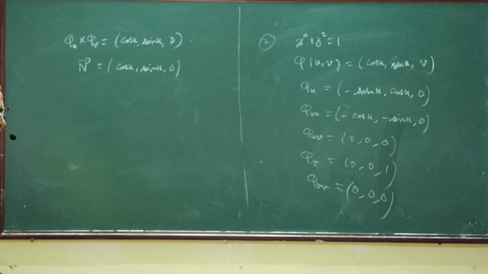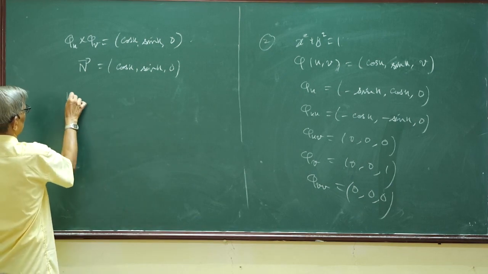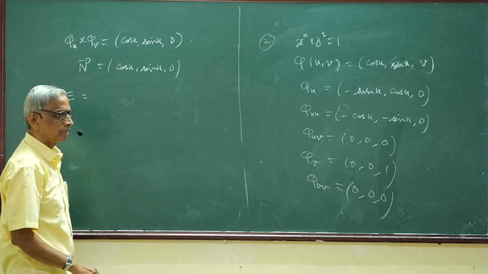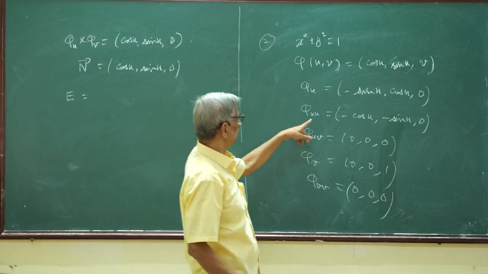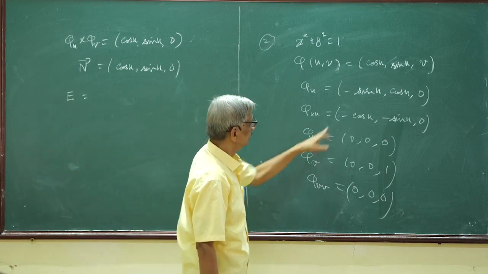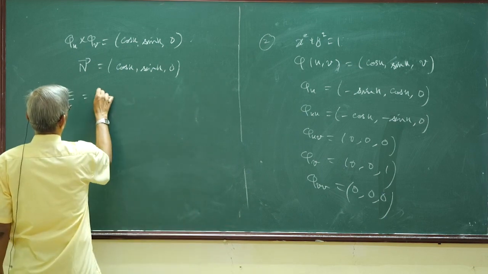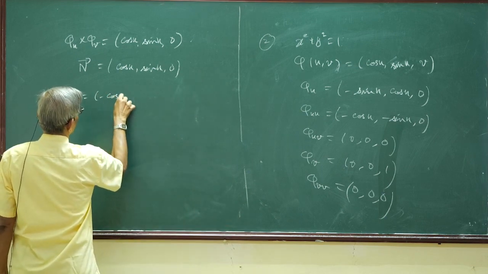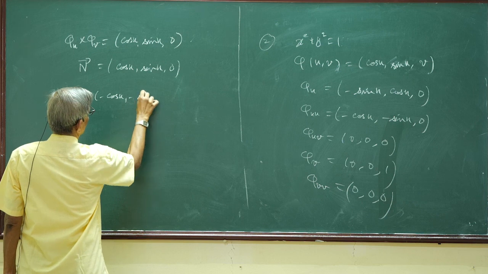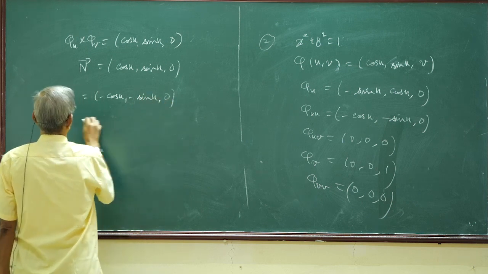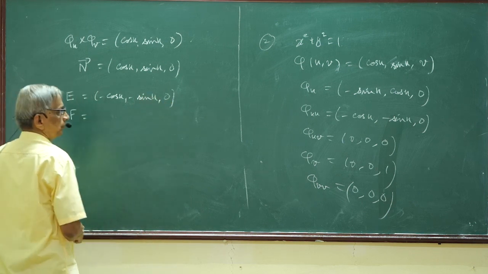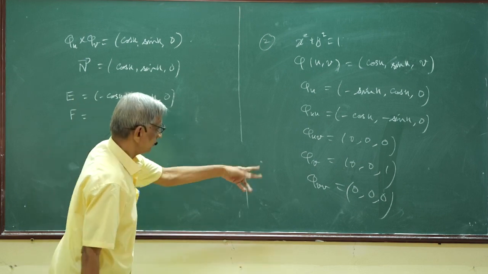So let us write E, F, G. So what is E? Phi u dot phi u. Phi uu is minus cos u, minus sin u, 0. F is phi u dot phi v, so it is 0.